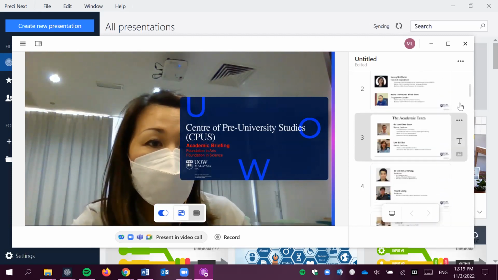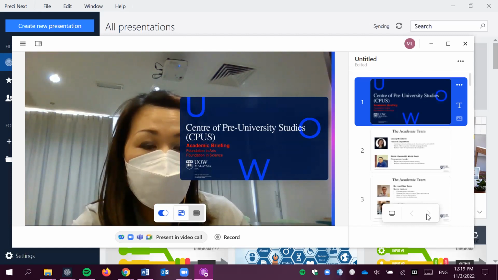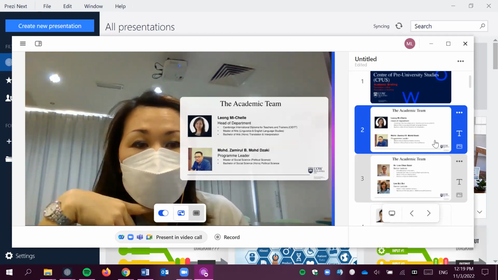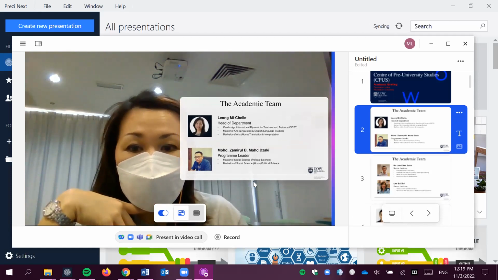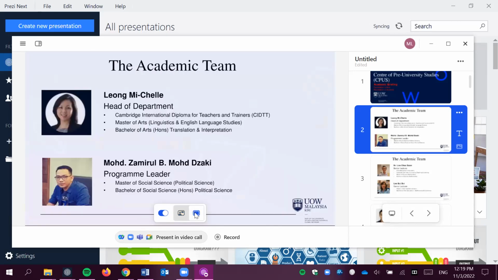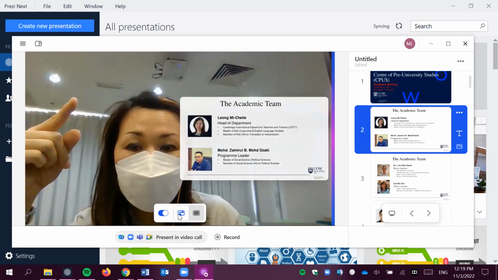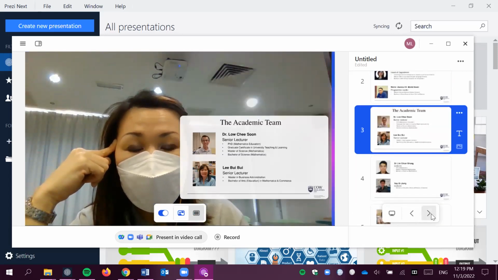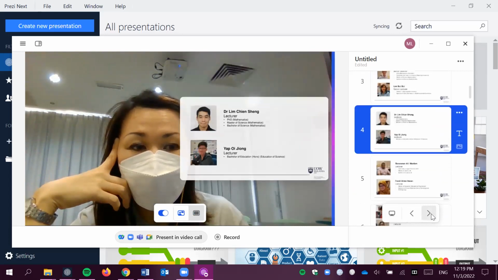And then I can move the slides by pressing this button here. Why is it not moving? Something wrong. Never mind, I'll just click here. Okay. So then I can move through the slides one by one. So again, I can focus and then go back to this. And you can move through the slides like this.